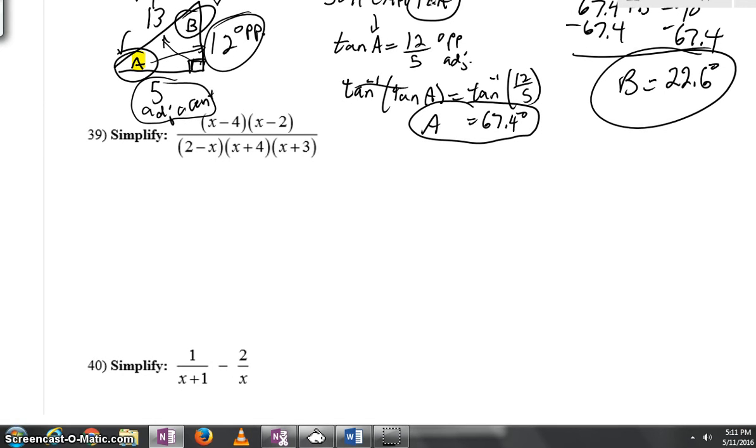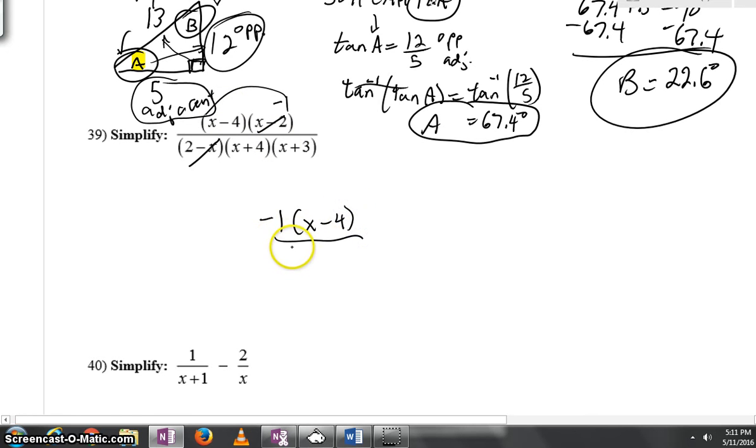For number 39, this should look familiar. This is what we have done most recently. I think you should notice that the 2 minus x and x minus 2 would cancel to a -1. X minus 4 and x plus 4 do not cancel out. So what do you have left? -1 times x minus 4 is up here. Down below we've got x plus 4 and x plus 3.